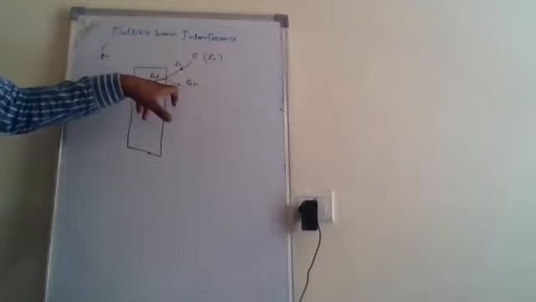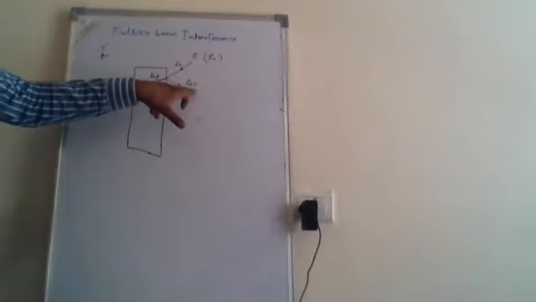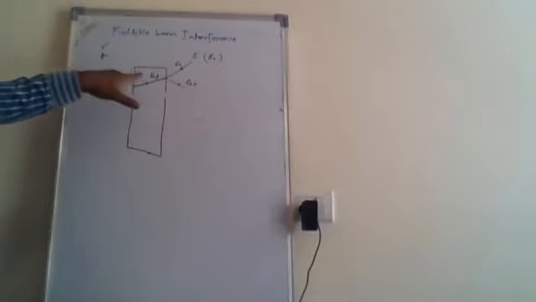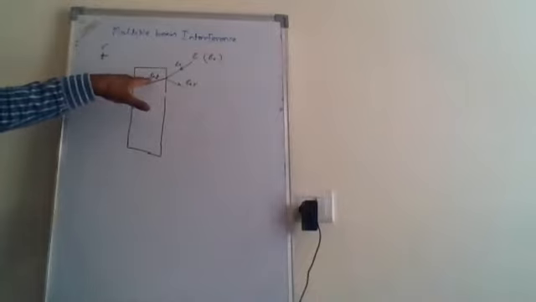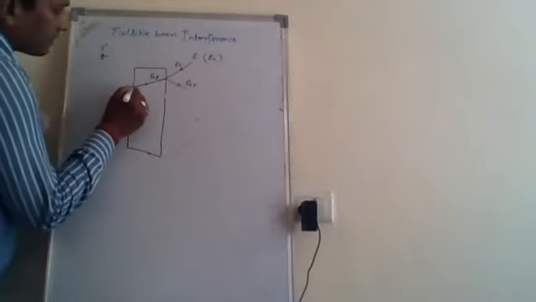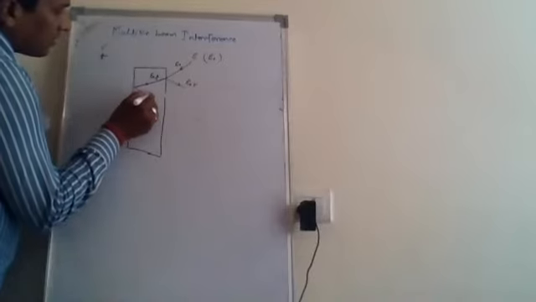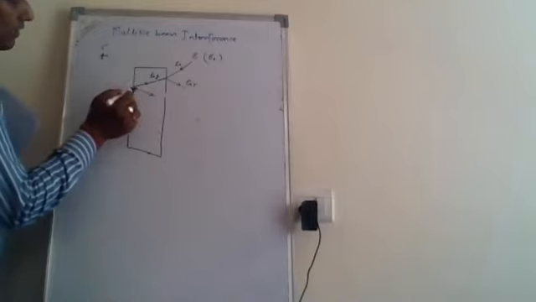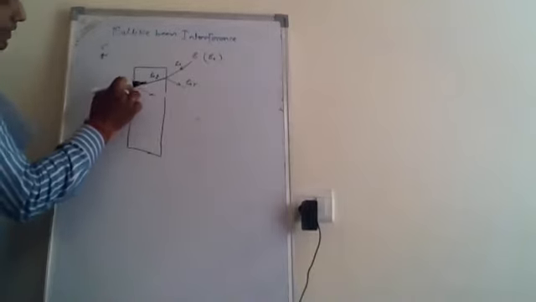It is reflected at this point with reflection coefficient R, so the amplitude is E naught R, and the transmitted light has transmission coefficient T, so its amplitude is E naught into T. Then the light will again be reflected from the back side, from this surface, at the boundary.